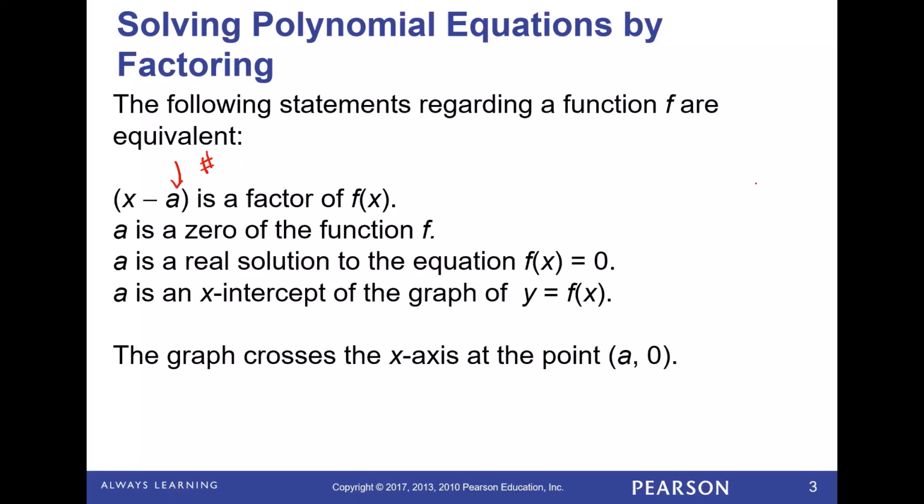But if a is a zero of the function, a is also a real solution of the equation for when the function equals 0, or a is also called an x-intercept of the graph of y equals f of x, which means that the graph crosses or touches the x-axis at that point a comma 0. Now again, all this comes back to the fact that x minus a will be the factor.